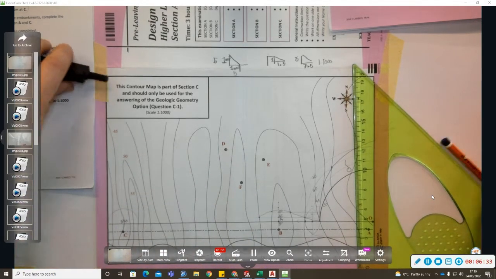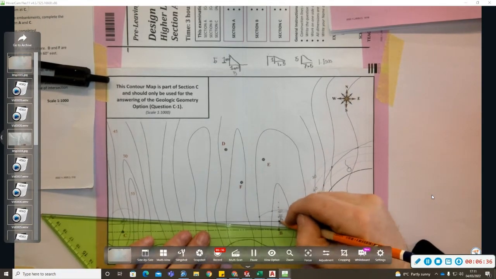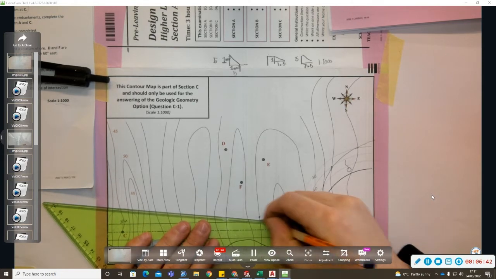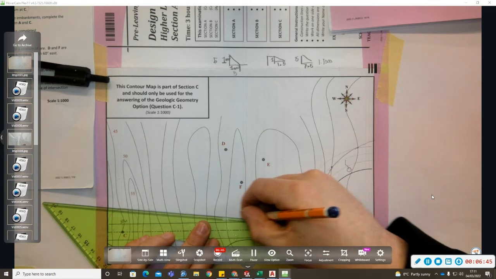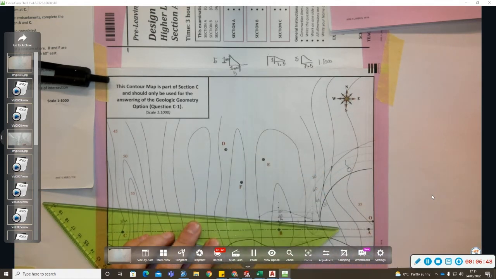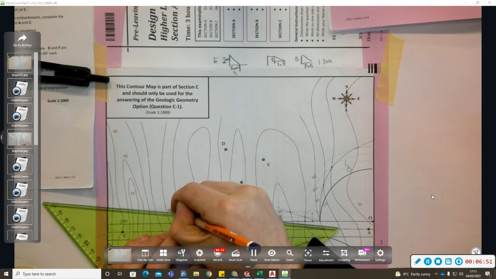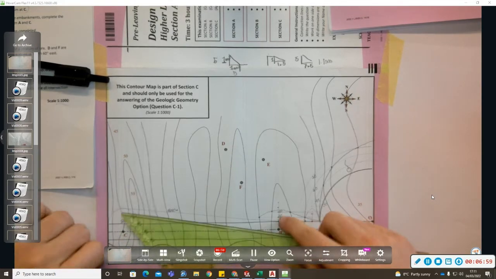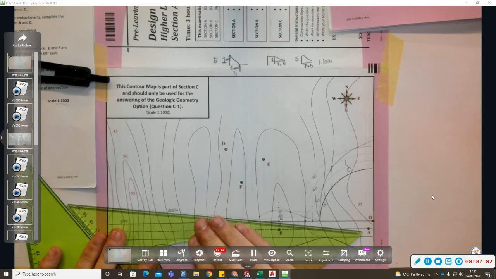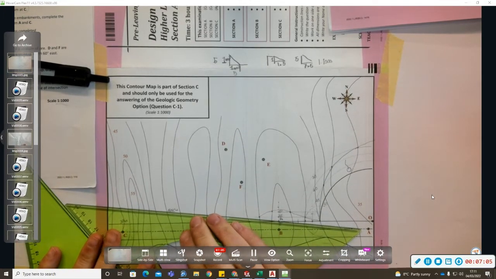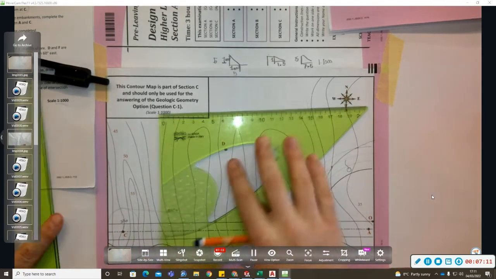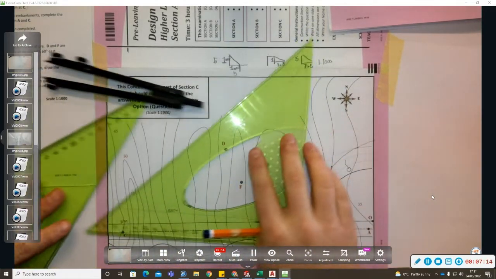Now I'm going to join the base here to it as a tangent. This line is at an altitude of 50 meters. Now I'm going to draw lines parallel to that, spaced every 5 apart.